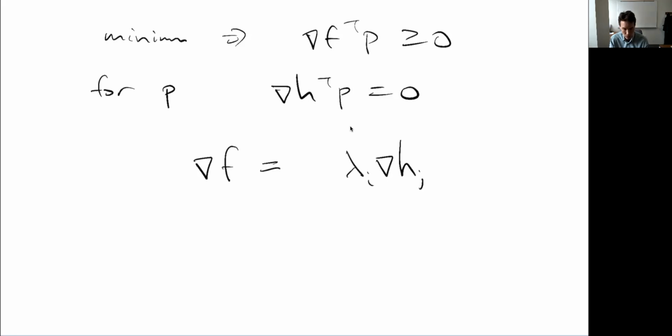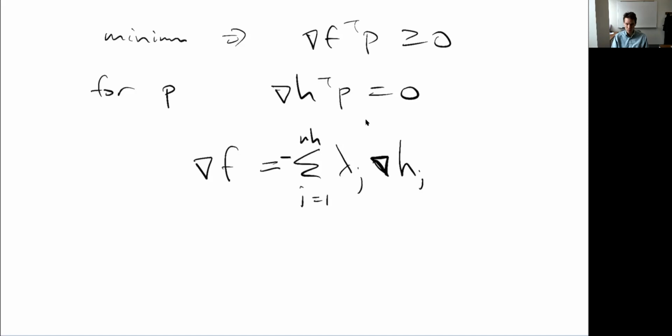So I'm going to have multiple lambdas. Lambda j, sorry, I keep messing up here. Lambda j, and then I'm going to sum over j up to the number of constraints I have. And again, we're going to put a negative sign. Again, that's not necessary per se for equality constraints, but it's consistent with what we're going to do with inequality constraints. It doesn't really matter in this case.